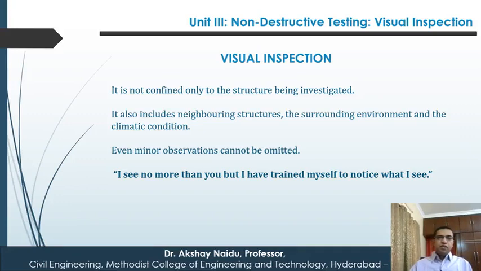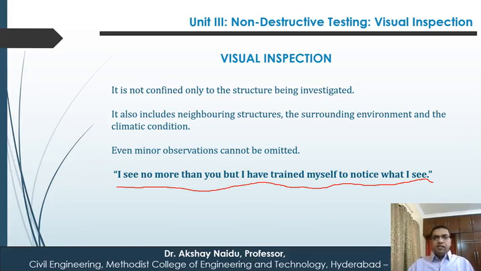So visual inspection, one very important thing is this statement: I see no more than you, but I have trained myself to notice what I see. This is actually Sherlock Holmes' statement to Watson in the fiction novel.